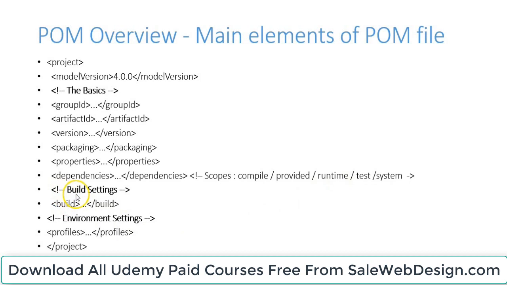Now, after covering the dependencies, I am moving over to the elements for build settings. This element handles things like declaring your project's directory structure and managing plugins. Now coming over to build plugins. Build plugins are used to insert extra goals into a build phase.